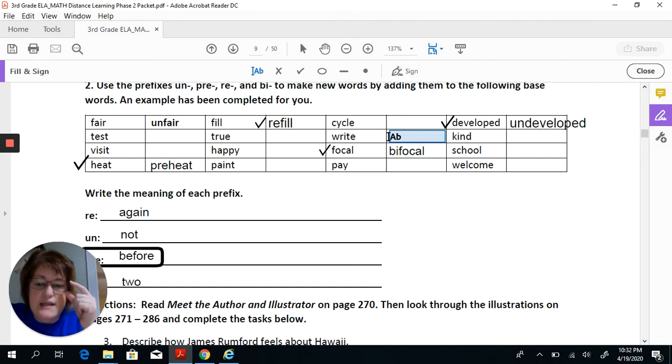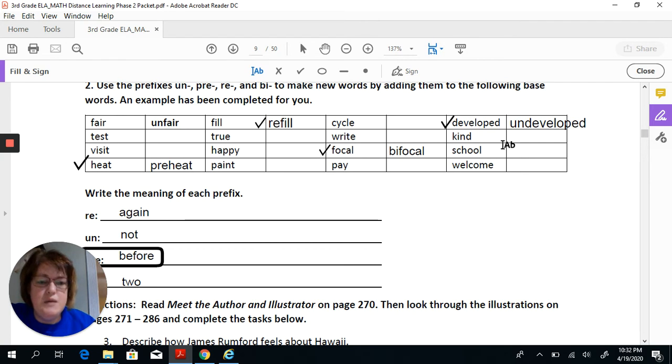But each lens is divided into two parts. That means sometimes people need one lens for seeing far away and a separate lens for seeing things that are close up. So some people have to have bifocal lenses to help them see. So I thought that might be one that you're not as familiar with.